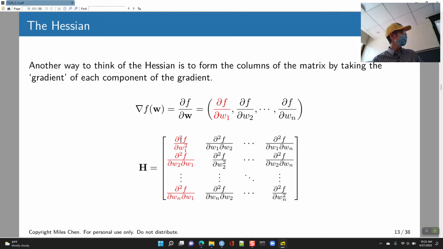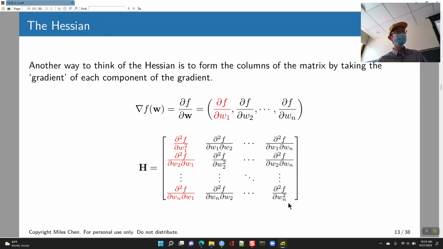So I would get all of the n terms here. I do the same thing with the second component of the gradient: the partial derivative of this with respect to w1 gives me this, with respect to w2 gives me this, and so on until wn.